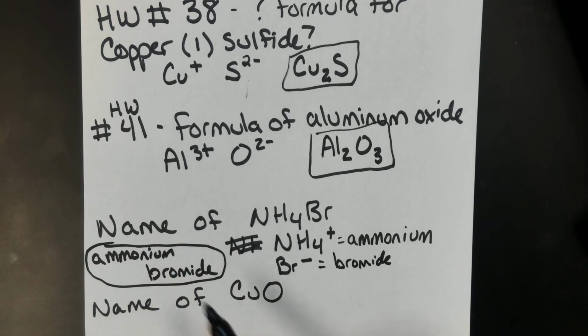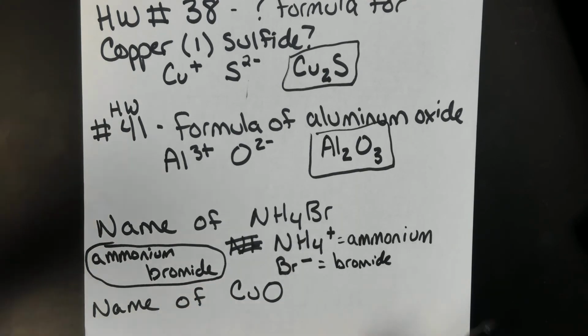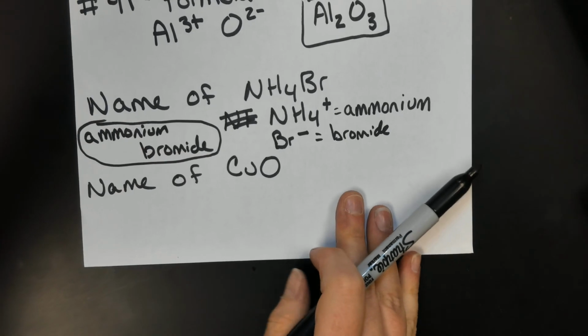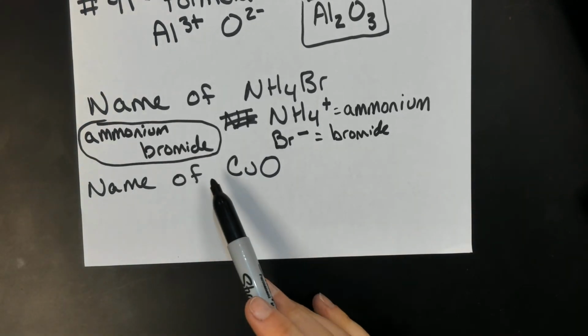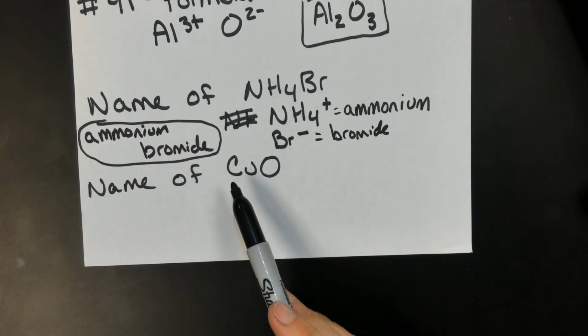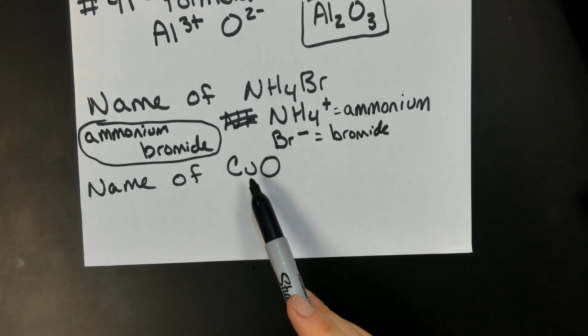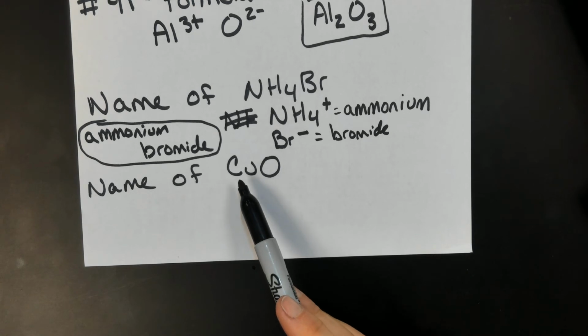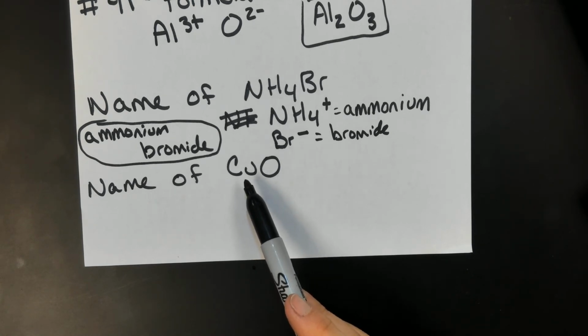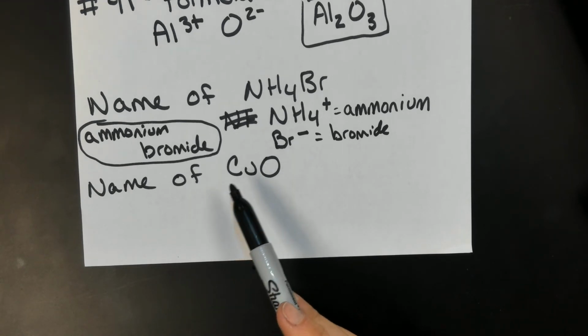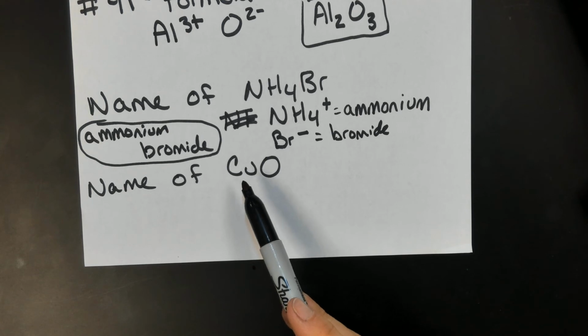Nice. This is one that I could give you on an exam. I'd give you that compound and I'd say, what's its name? Down here, why don't you tell me the name of CuO? This is copper, and it is not in group 1, group 2, group 7 or group 6, and it's not one that we had to memorize. Copper's the wishy-washy one in the middle. It's a transition metal, so we're going to have to find out its charge.